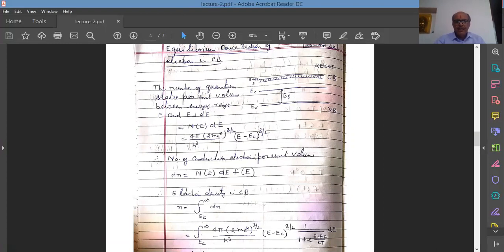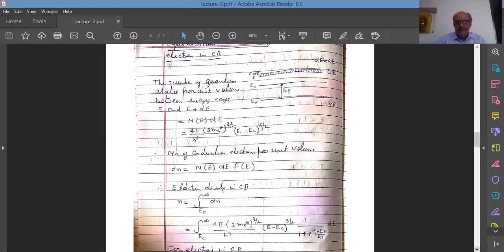The number of conduction electrons per unit volume is Ne, which is the density of states into dE, and we multiply it by the probability function, that is F(E). Then the electron density in the conduction band can be obtained by integrating this dn between the limits EC to infinity, because our conduction band starts from EC and ends at infinity.